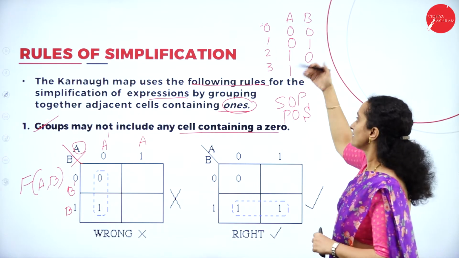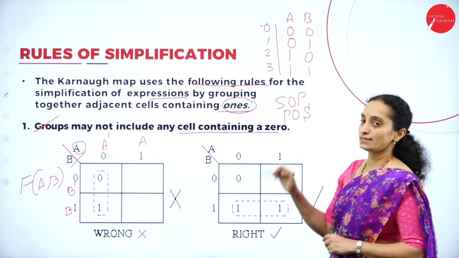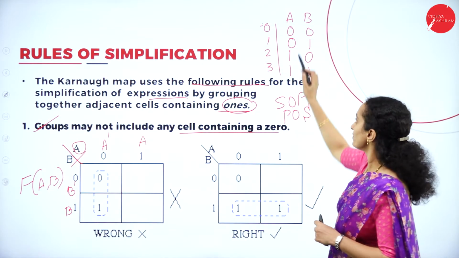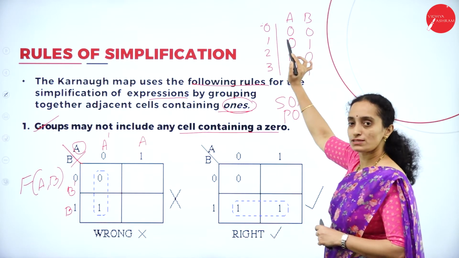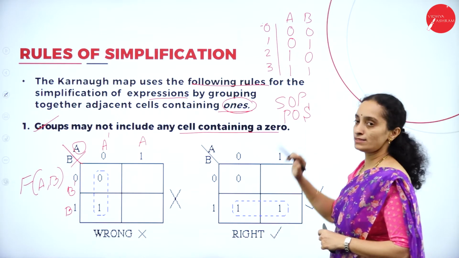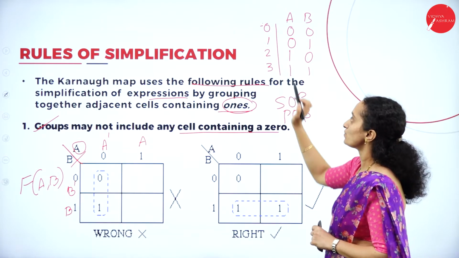You can change the values, but it is representing the same decimal values. So it will be representing the combinations like this: 0 0, 0 1, 1 0 and 1 1, isn't it? 0, 1, 2, 3.